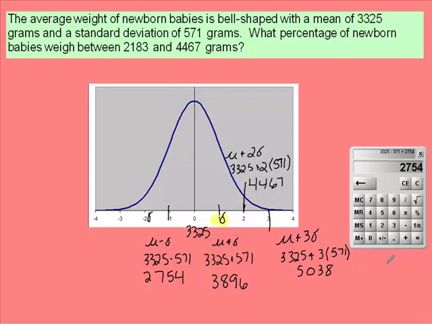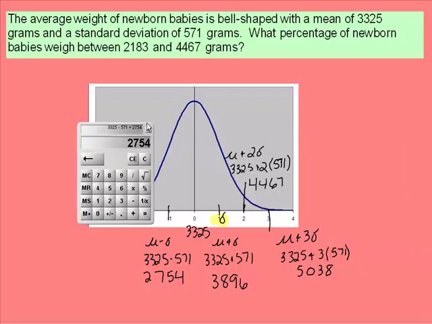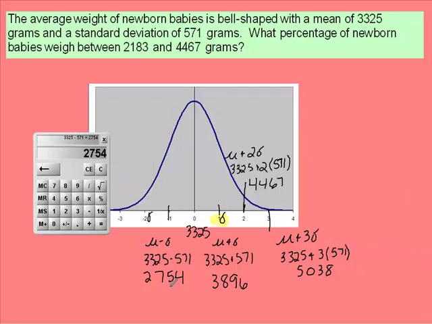I'm going to show you a shortcut. If I take my lower number from my 1 sigma limit and I subtract another standard deviation, that gives me a total of 2 standard deviations. So mu minus 2 sigmas is really 3325 minus 2 times 571, or a whopping answer of 2,183.